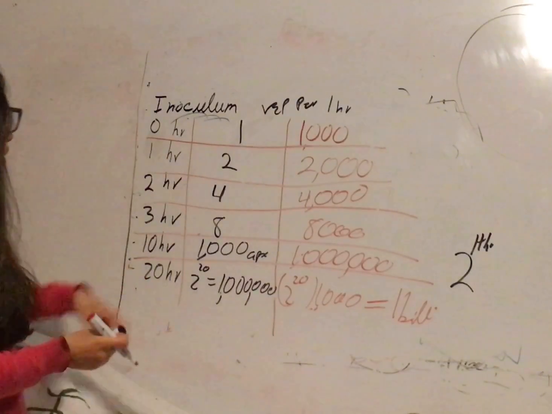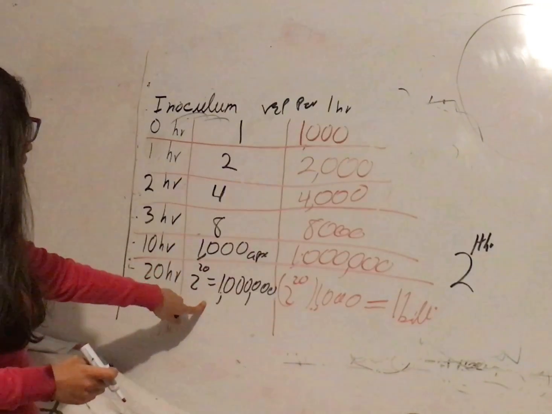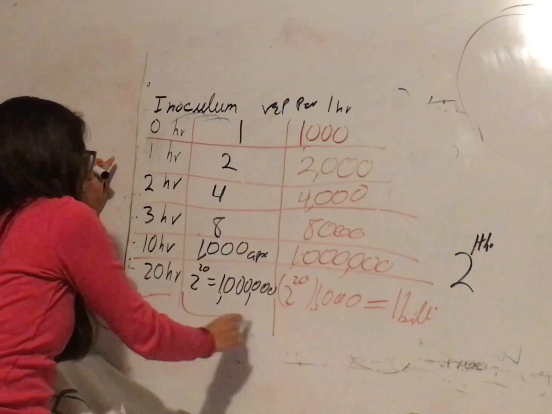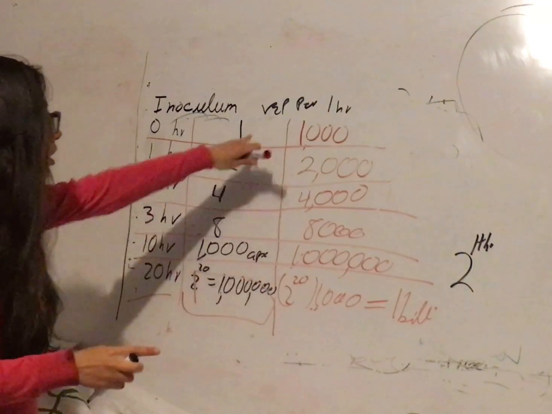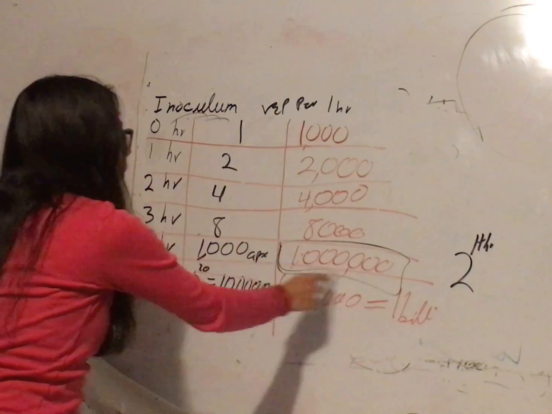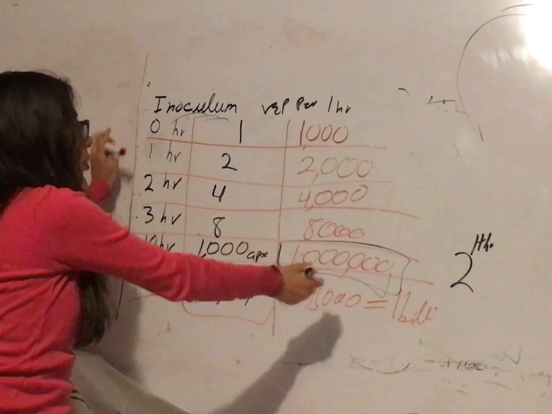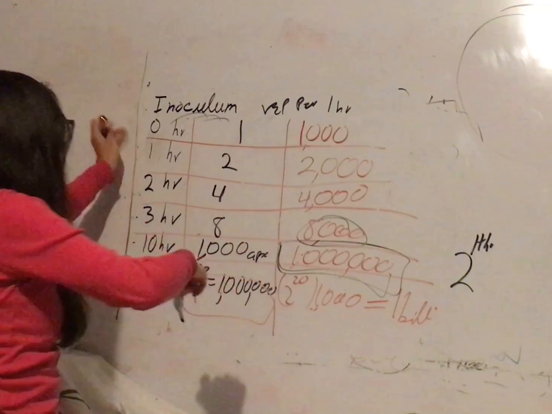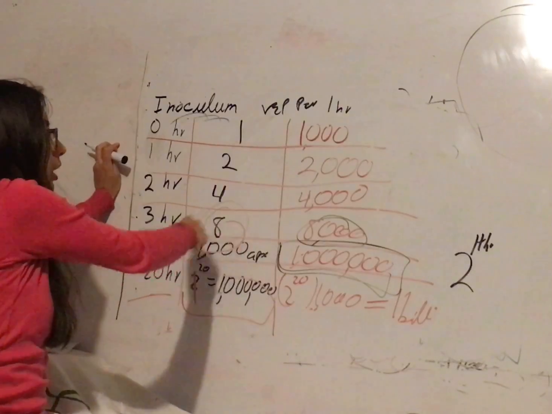So here, when we have 1 viral particle, it takes like 20 hours in order to have 1 million particles. And here it takes 10 hours to have 1 million particles. Here in 3 hours we have 8000 viral particles, and here in 3 hours we have just 8 viral particles.